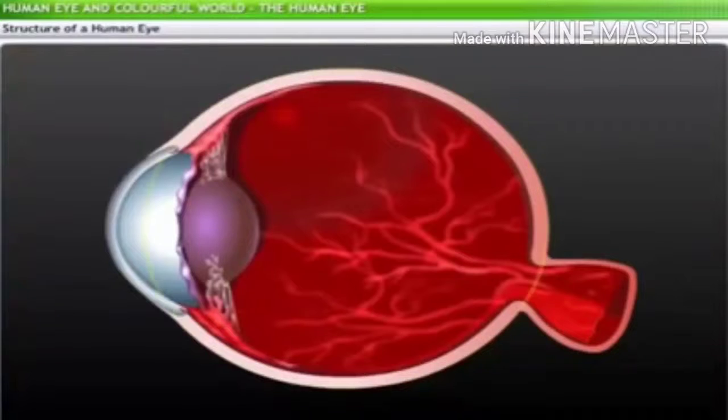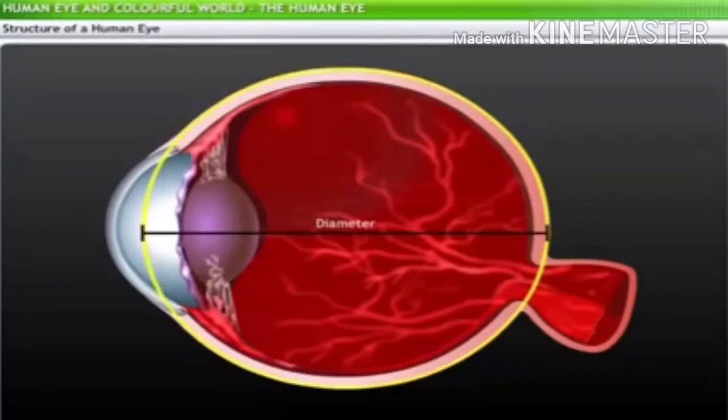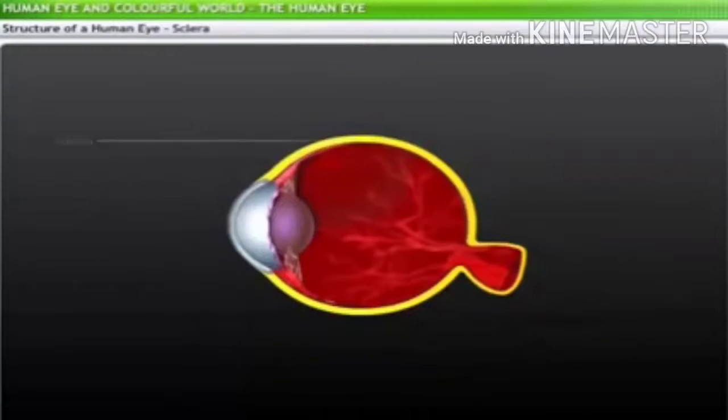A human eye is spherical in shape, with a diameter of approximately 1 inch. It constitutes about 30 major and minor parts. Let's start with the sclera, or sclerotic.